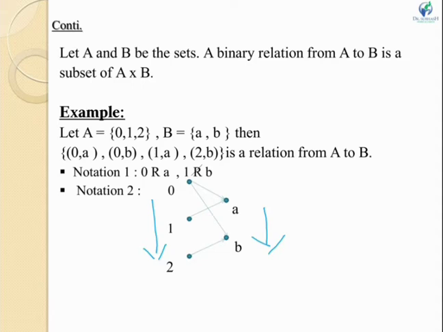First is (0,a), you can see the line 0 to a. Next is (0,b), another line. Next is (1,a), and next is (2,b). So in this way, using an arrow diagram, we can denote the given set of ordered pairs.